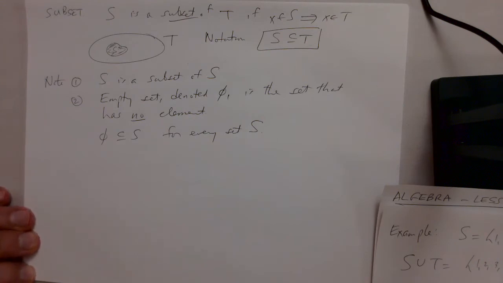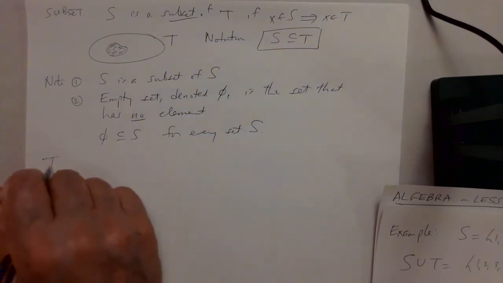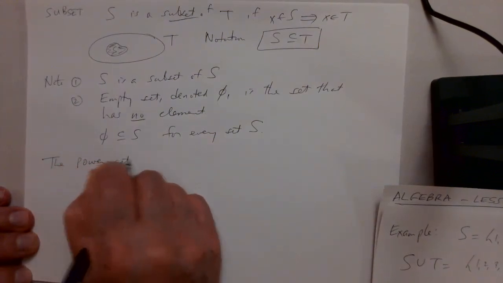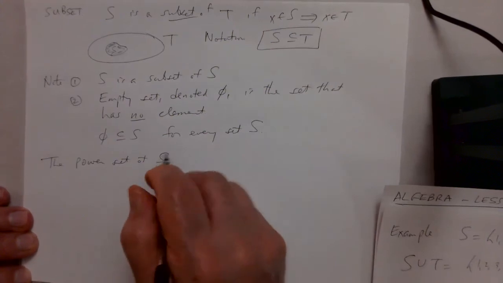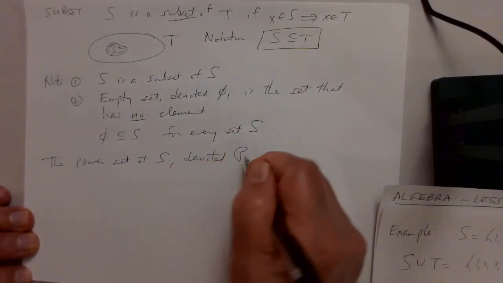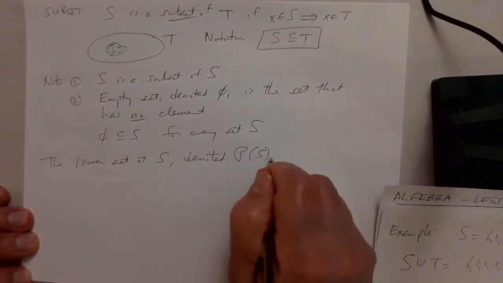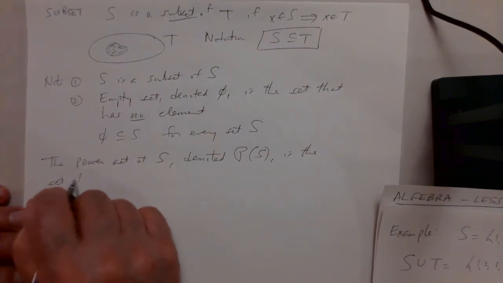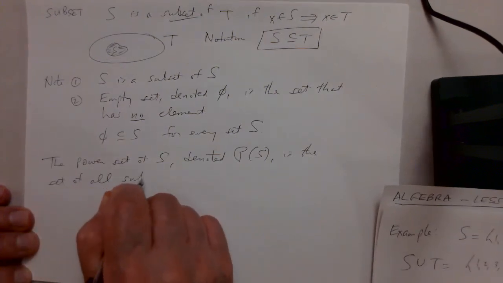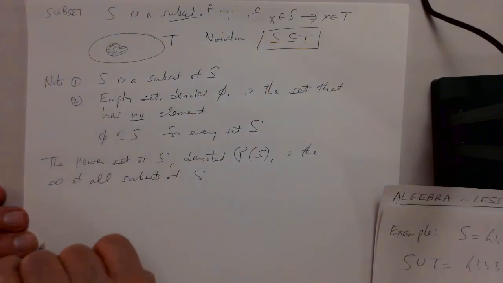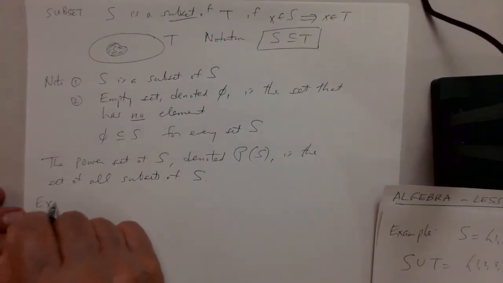One more definition, very important. The power set of S, and everything has some notation, I write a script P of S, is the set of all subsets of S. So let's look at some examples.